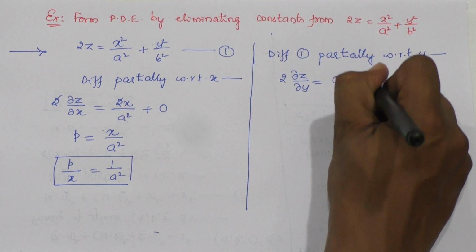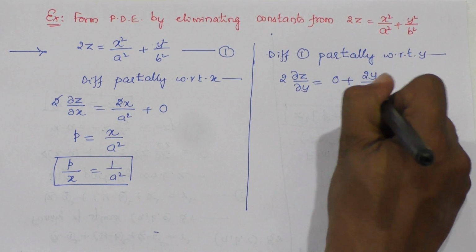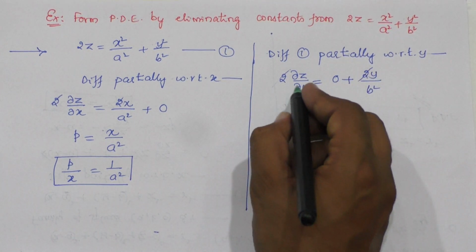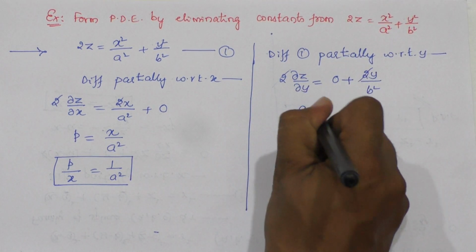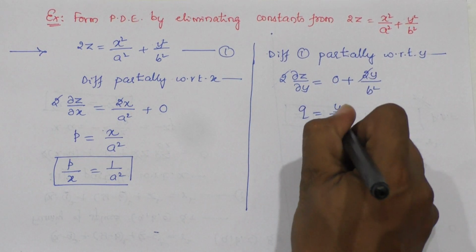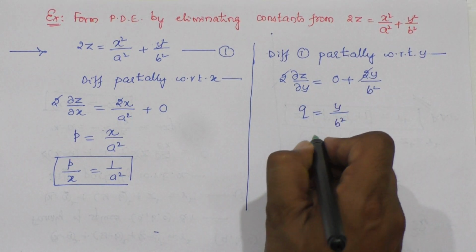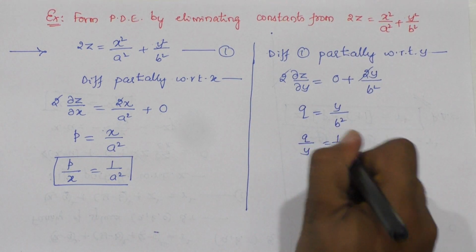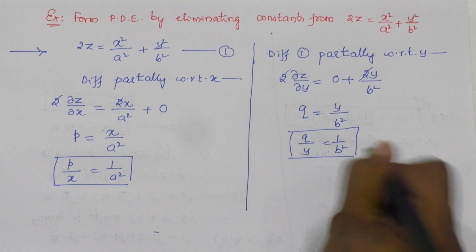So y square differentiation 2y divided by b square. Both sides 2 cancels. So dou z by dou y means q equal to y by b square. Take y this side, so q by y equal to 1 by b square. So this is what we get.